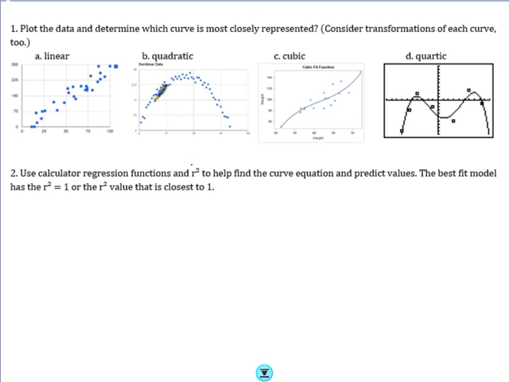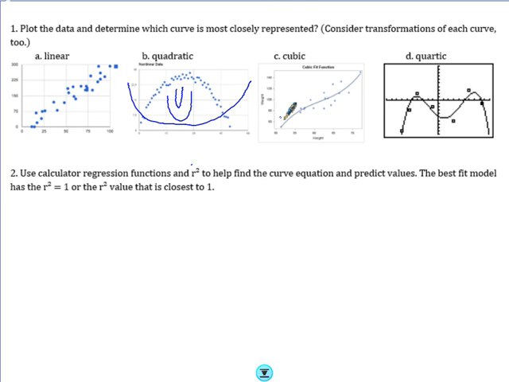You need to know the general shape of these 4 graphs. Remember, they can be transformed. I could flip this graph upside down and it might look like that, or it might get really skinny, or really wide. But it's all that general U shape, and if we have those, we would use a quadratic model.